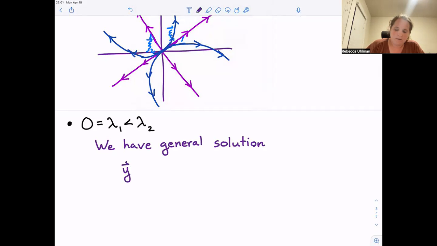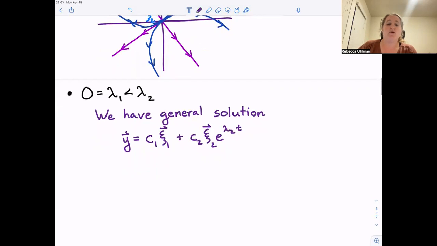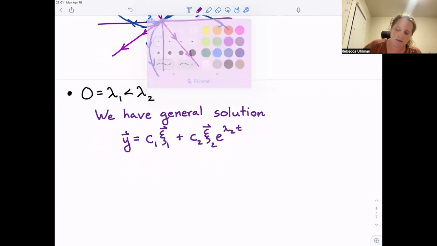Y equals, in this case, it's just C1 Xi1. There's no e to the lambda 1t since lambda 1 is just 0. And then we'll have plus C2 Xi2 e to the lambda 2t. So note the C1 Xi1 is just constant. It doesn't change with time as time passes.